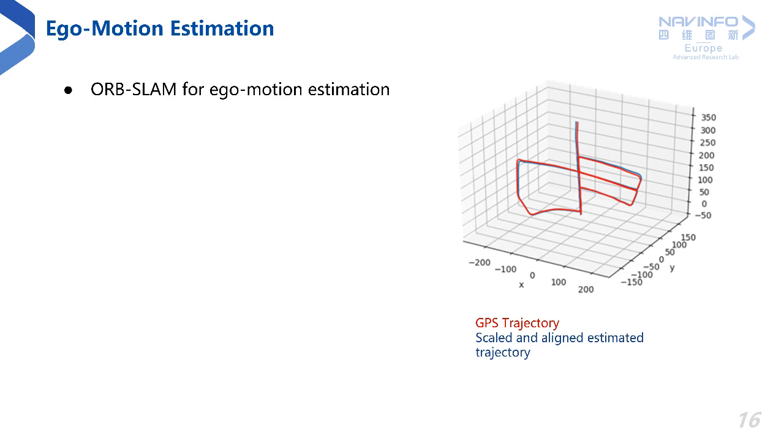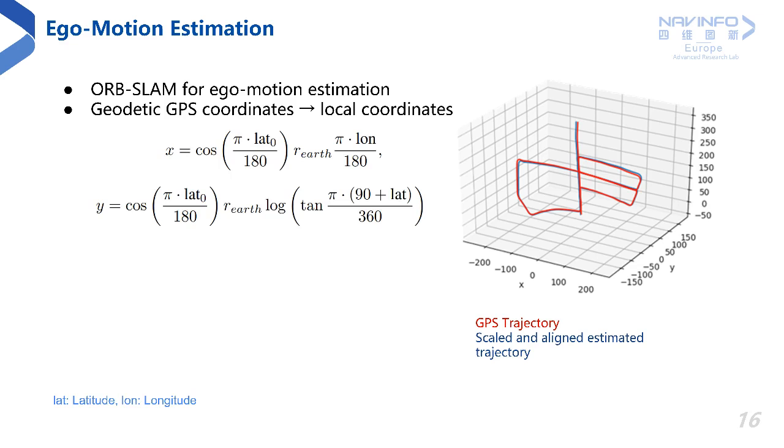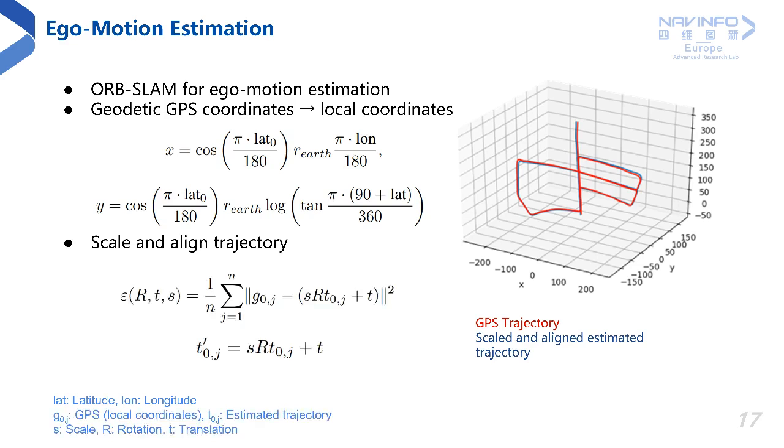To scale and align the trajectory, we first convert the geodetic GPS coordinates to local coordinates through Mercator projection. Thereafter, we use Umeyama's algorithm to scale and align the estimated trajectory with the GPS trajectory by minimizing the mean squared error between them.